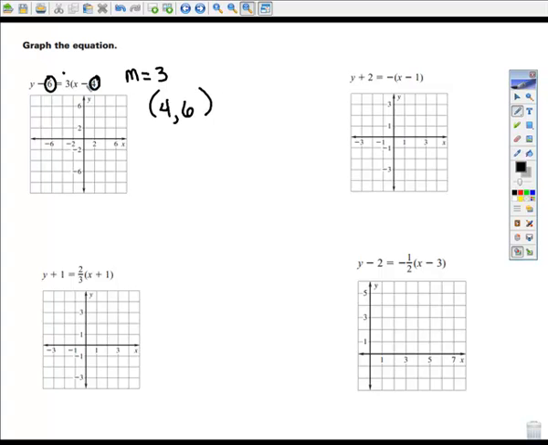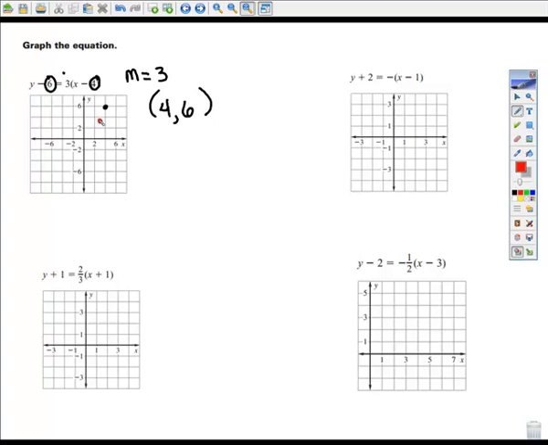So the x1 had to be the 4, not negative 4. So instead of starting at the origin or the y-intercept, I'm going to start at the point (4, 6). My slope is 3. Of course they're not giving me enough room to move up 3, so I'll move down 3.